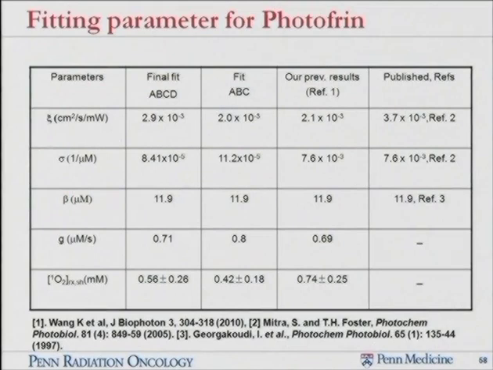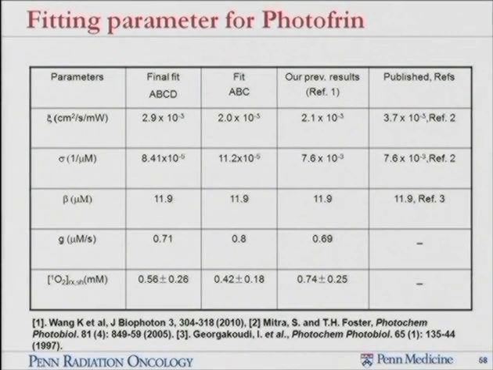This is one of the latest data for photofrin at least. You can determine the sigma, these 4 parameters, as well as the singlet oxygen threshold dose, because that is also another important quantity to determine how to use it in the clinic. Now our results vary a little bit. I think this is the one that was published initially, where we used published literature data for one of the sigma. These are some of the parameters in existence, in Tom Foster's lab especially.